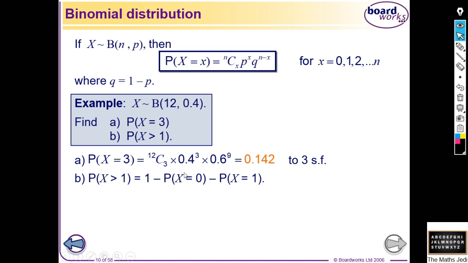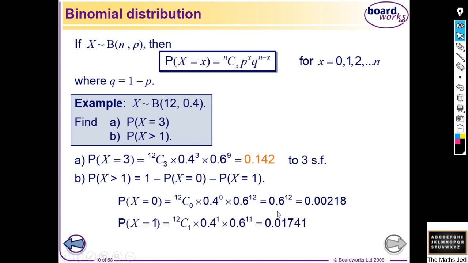They're working out the chances of getting 0 successes, getting 1 success, and then taking it away from 1. This is a chance of getting 0. This is a chance of getting 1. They add them up and take them away from 1. Just to refresh, 0 is a logical option to pursue. The chance of getting 0 successes always has to be examined.